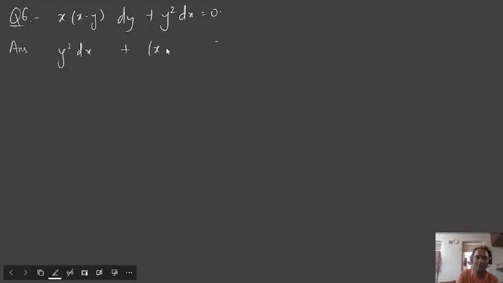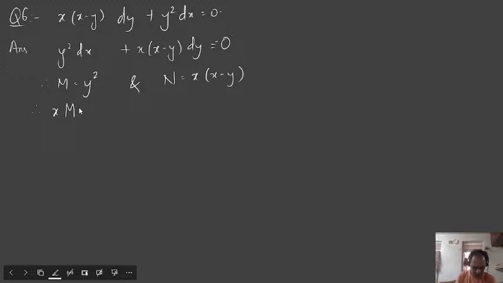So (x minus y) x dy equals 0. Here M is y square and N is x minus y. The differential equation is homogeneous, so we can try 1 over (xM plus yN).